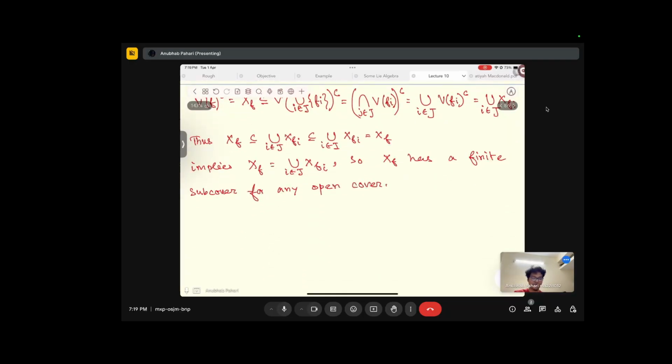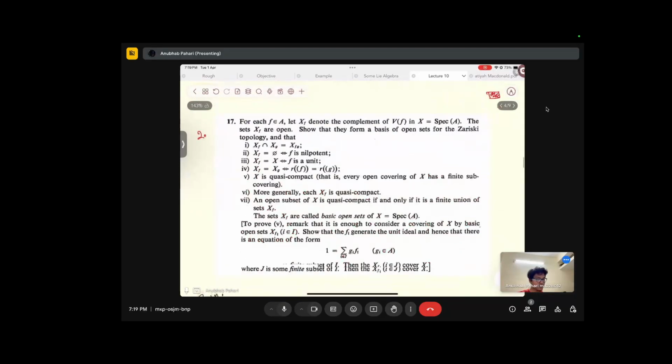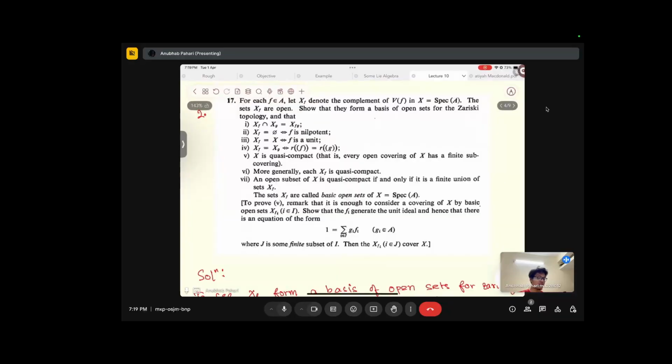So yeah, we have another one, that is the last one: an open subset of X is quasi-compact if and only if it is a finite union of such sets. So yeah.